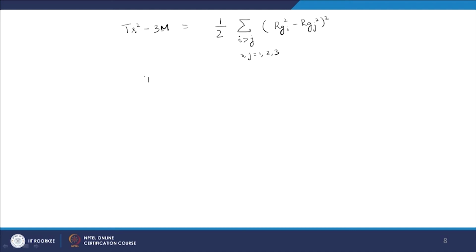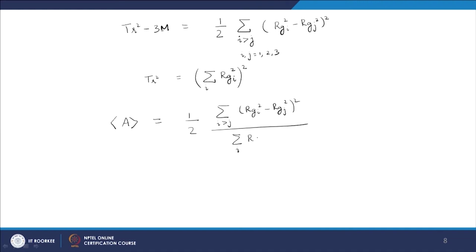And we know what the trace squared is. Trace squared is simply summation of i Rgi squared, whole squared, and so our A becomes equal to 1 by 2, this.